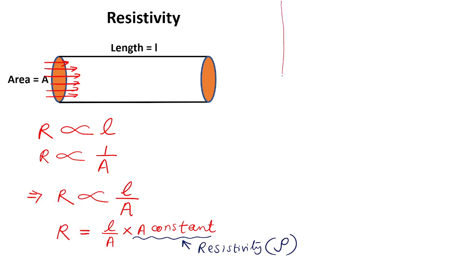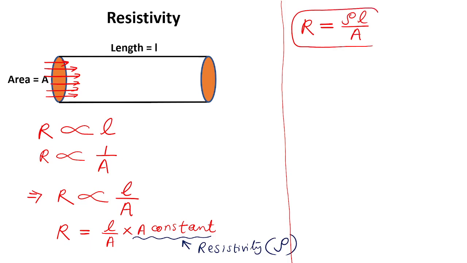Let me conclude after this. So let me conclude, R equals this constant into L by A. This constant is denoted by resistivity, a fixed number. So R equals rho into L by A, where R is the resistance.